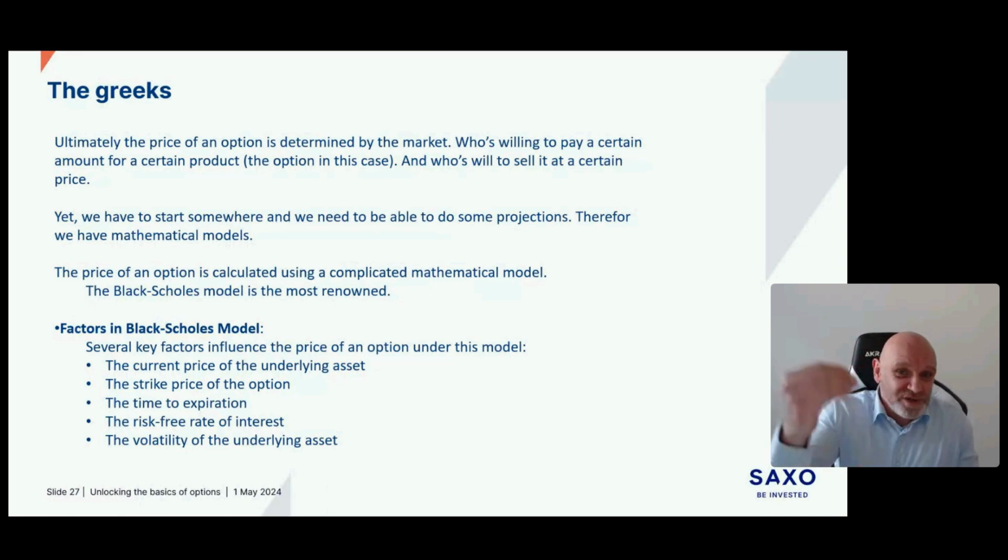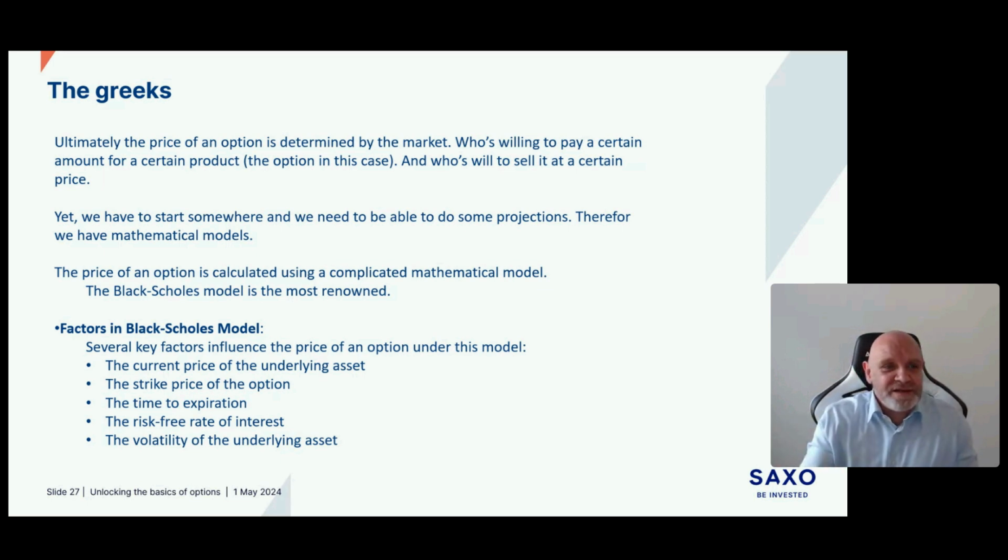But of course, in the software you have to see those prices, even if there aren't buyers. Then we're talking about a theoretical price. That's maybe not a price you will get, but it's an indication.